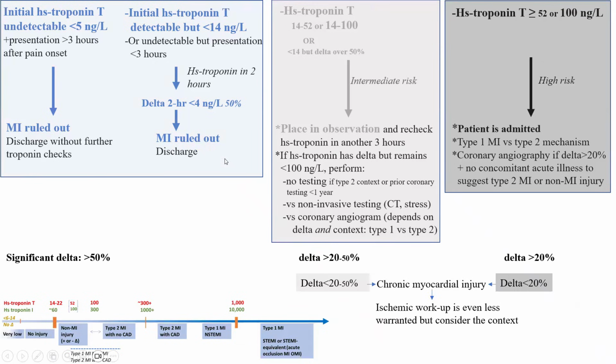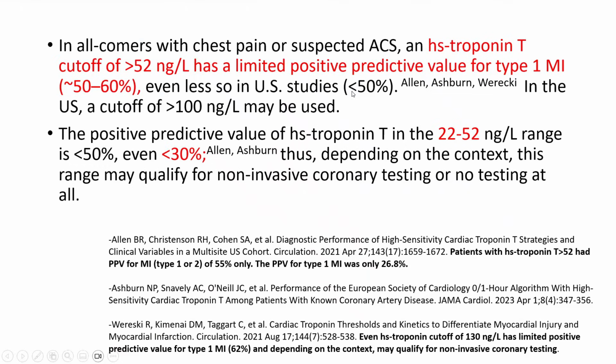Now, regarding that gray zone here, the positive predictive value of hs-troponin T in the 22 to 52 range is less than 50%, even less than 30% in those studies here. Therefore, depending on the context, the gray zone range may qualify for non-invasive coronary testing or no testing at all.